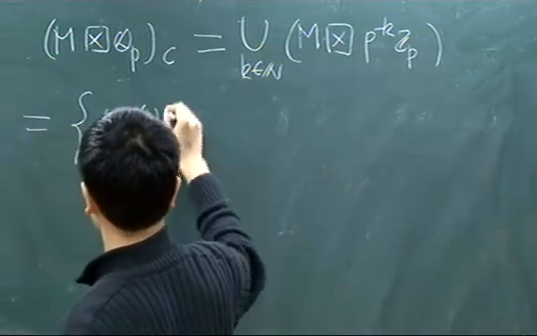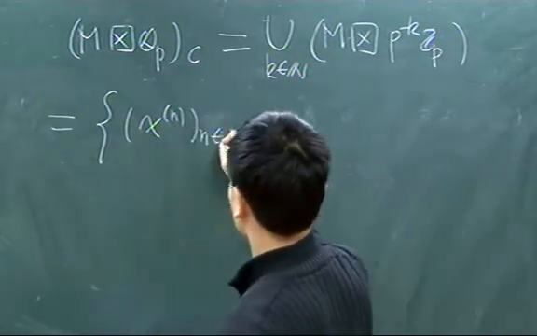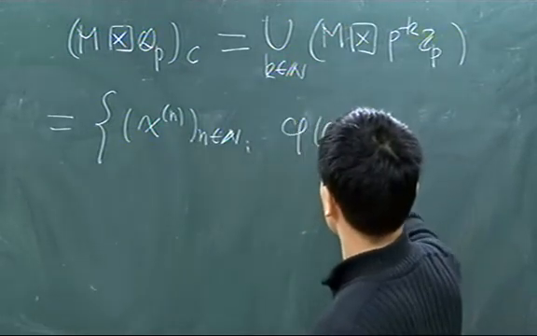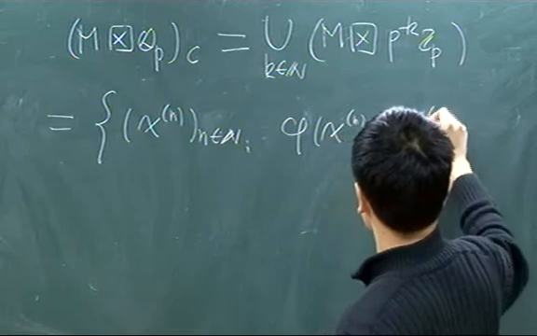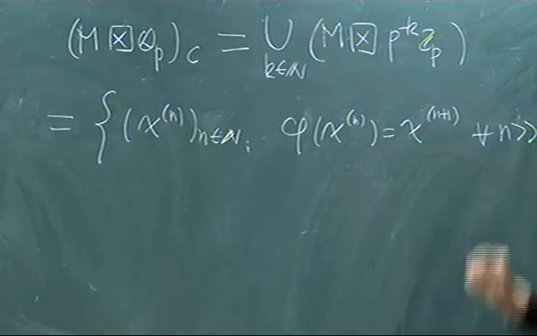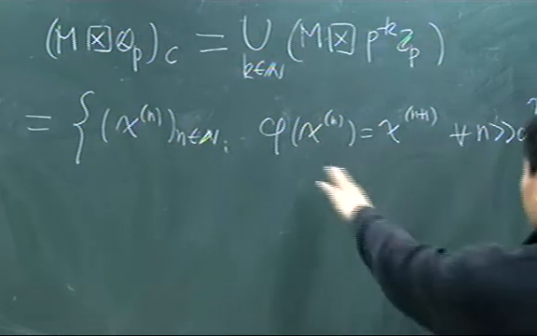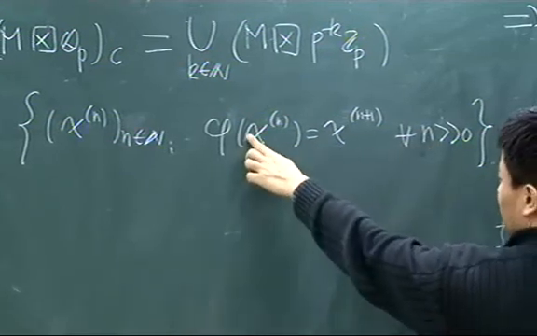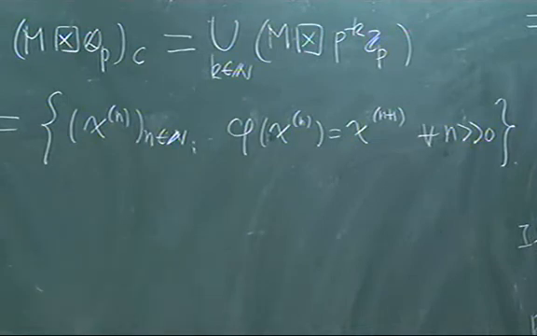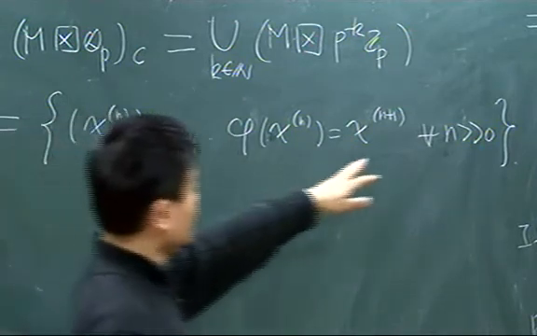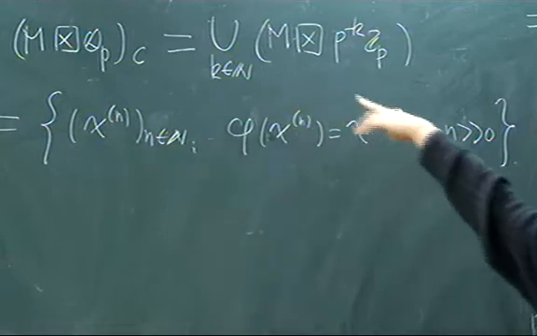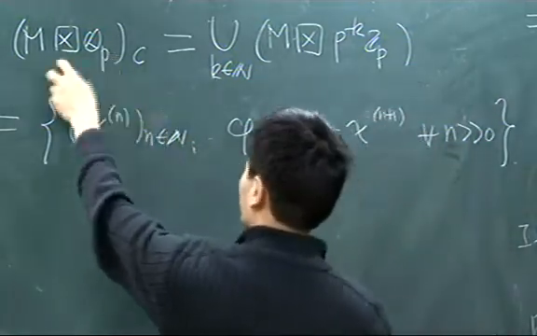If you have all this x_n, phi x_n is x_(n+1) for n sufficiently large. If for n bigger than 0 this is true, then it's just x_n because of the definition. So for some n sufficiently large, if this is always true, then you have this with compact support.